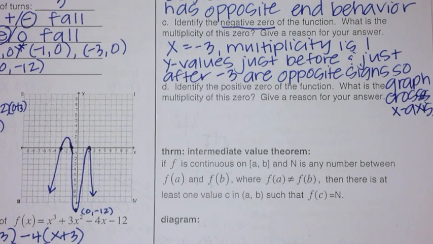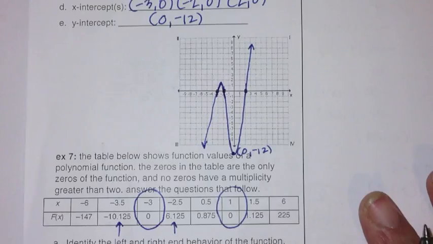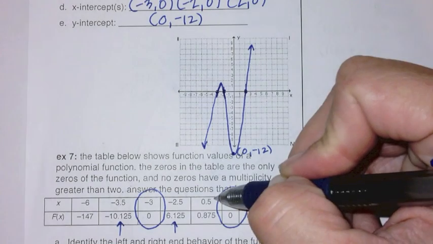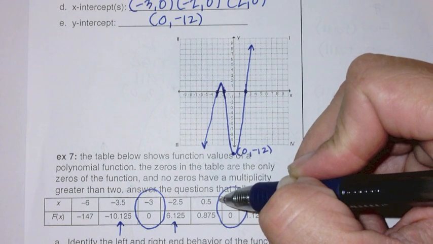The last question, D, says identify the positive zero of the function, what is the multiplicity of this zero, and give your reasoning. You can look down at your chart and see that the positive zero is the other one, (1, 0). What I want you to look at now is half an increment just before that zero.